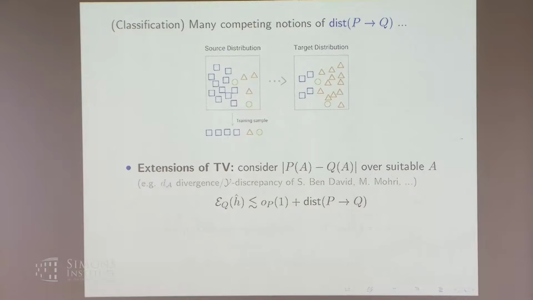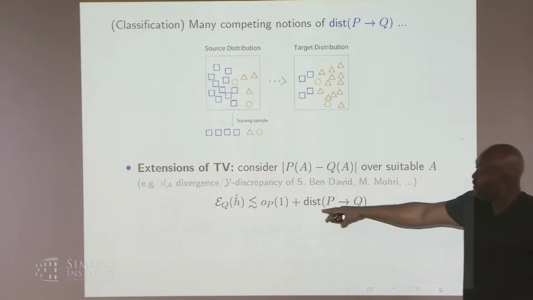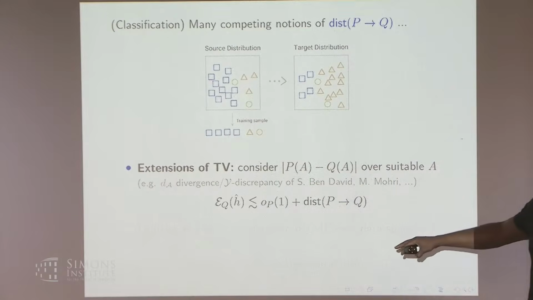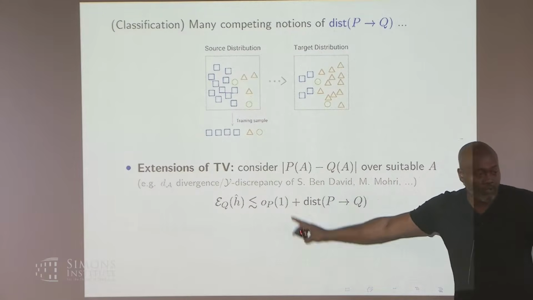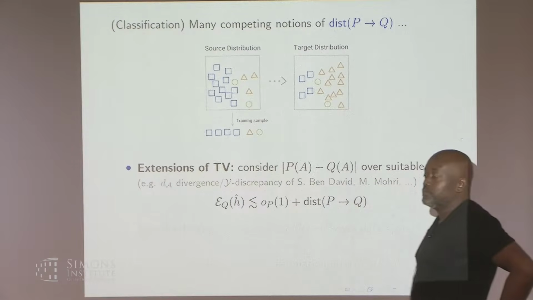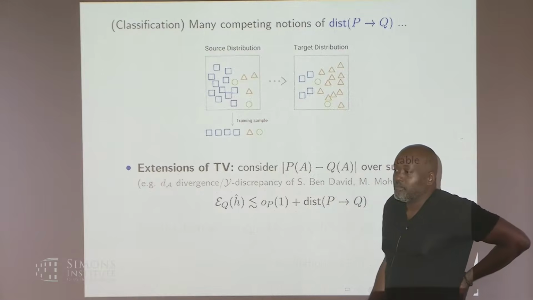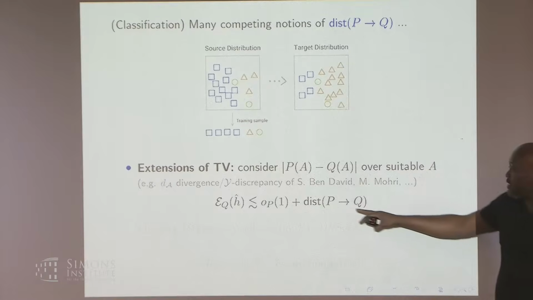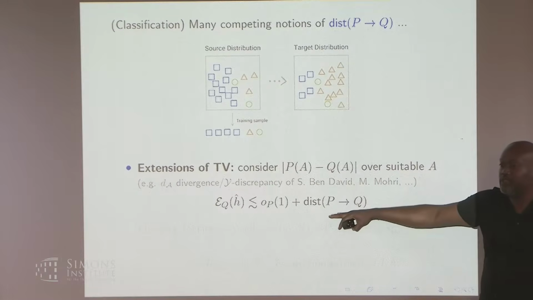So here I'm just giving that type of work where they're only considering source distribution, whatever learner they come up with. So here I'm just assuming no Q data. So there are terms that are left which I'm not putting, but the fact is that there are these additive terms. The most important is this one.